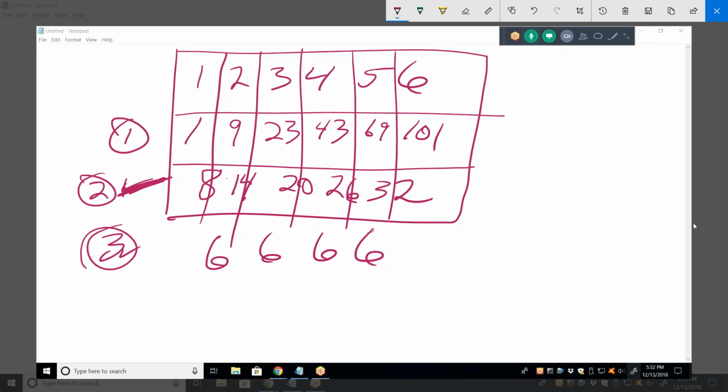So I'm guessing. I don't know, to be honest. Let me think for a second. Yeah, notice that is 1 more than 2 cubed.